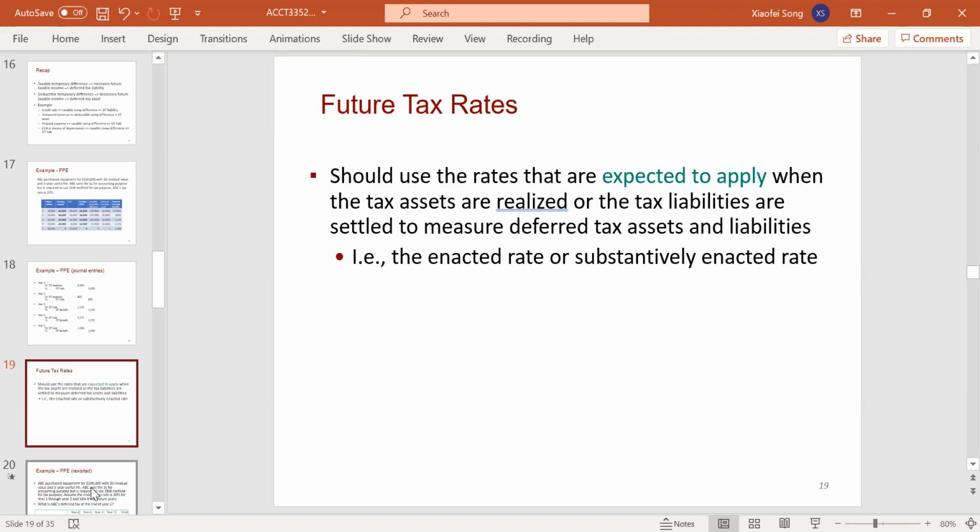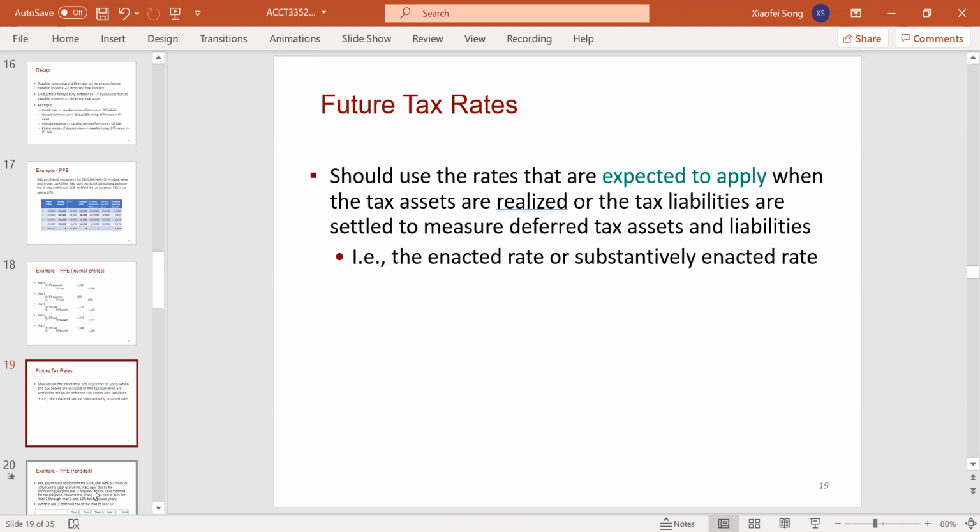However, if the government decides, like when Trump became president in 2016, I think they passed the Jobs Act or whatever. They reduced the corporate income tax from 35% to 21%, in effect in 2018. So now you're in 2017, and this year's tax rate is still 35%.